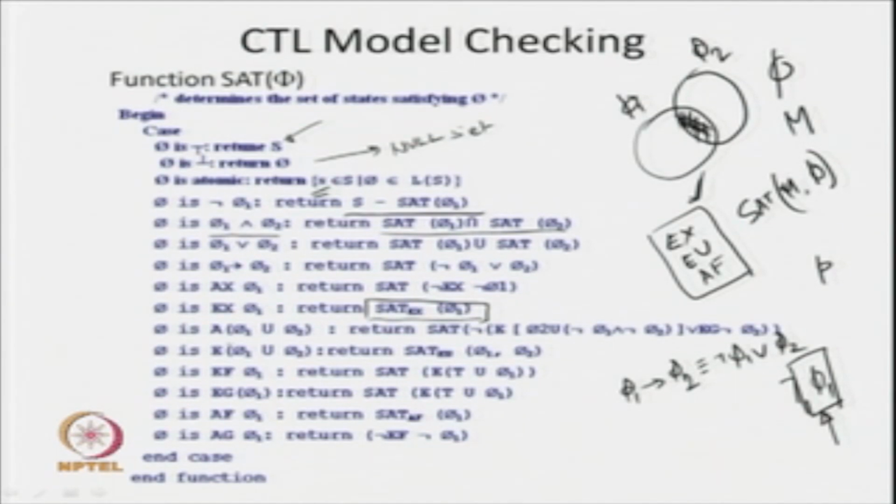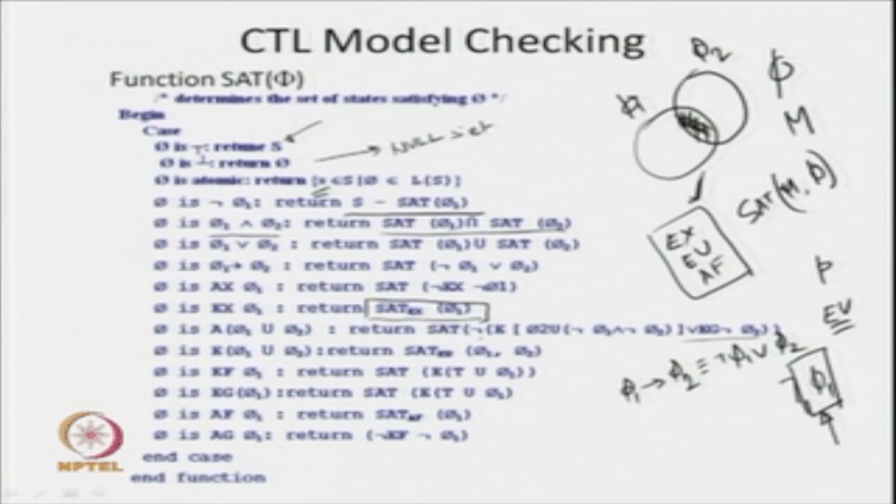Similarly, if it is A phi 1 until phi 2, then as we discussed while discussing the equivalence of CTL, A phi 1 until phi 2 can be expressed with the help of E u or E g. So, this is the equivalent formula. So, when it is A phi 1 until phi 2, then we are going to look for the satisfiability of this particular formula.